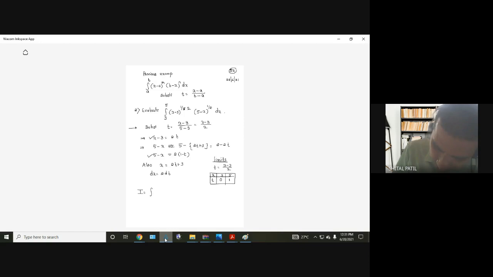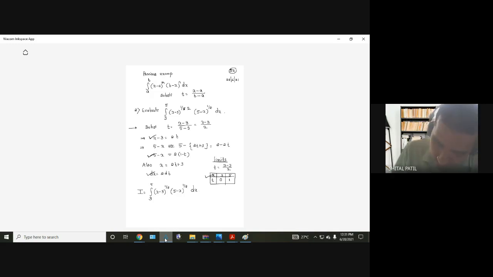Therefore, the integral will become (x minus 3) raised to half, (5 minus x) raised to half, dx. All these 4 values are to be substituted.